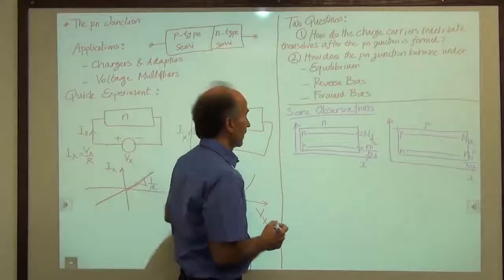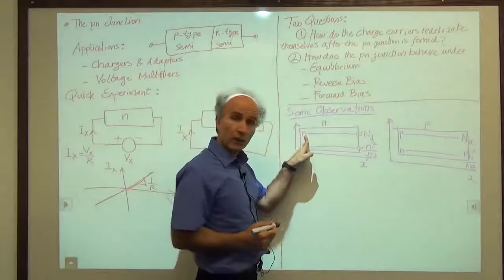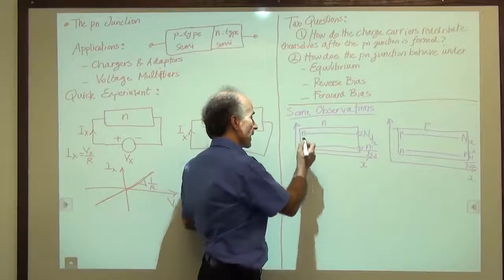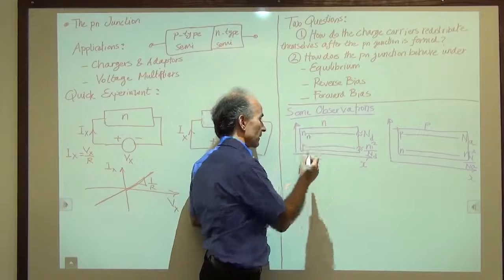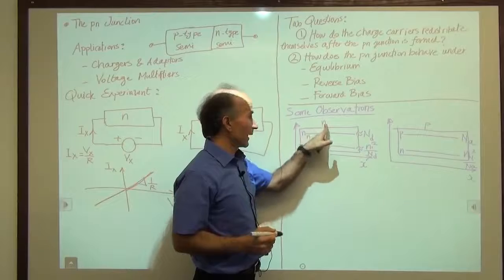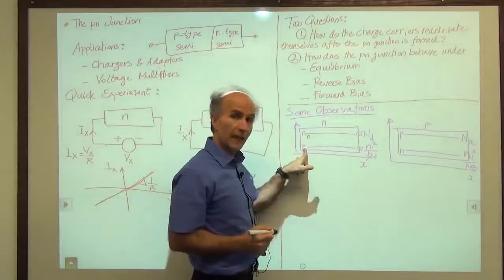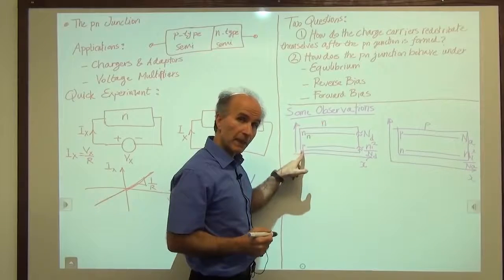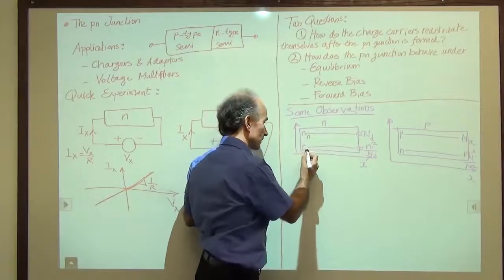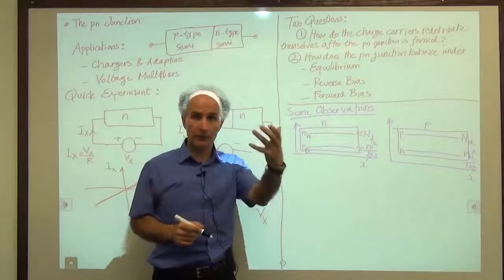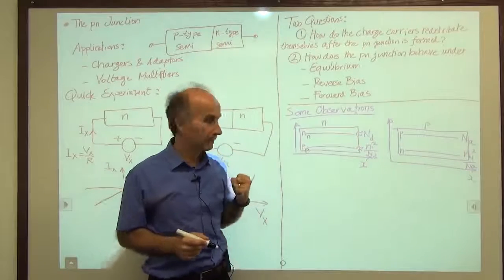So the concentration of electrons in the n-type material will be n sub n. Sub n refers to n-type material. Similarly, the concentration of holes in the n-type material will be p sub n. So the subscript refers to the type of material we have, p-type or n-type.